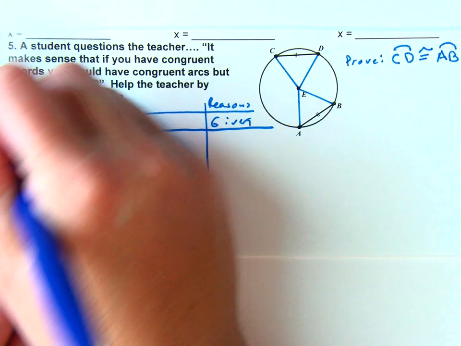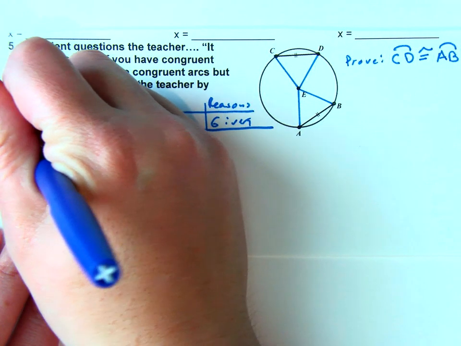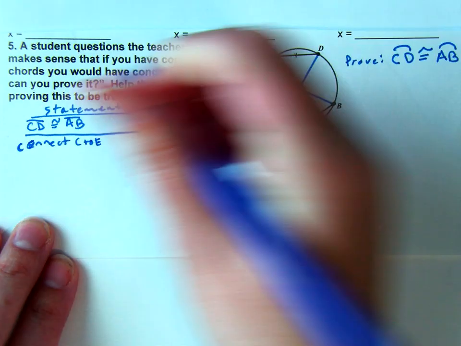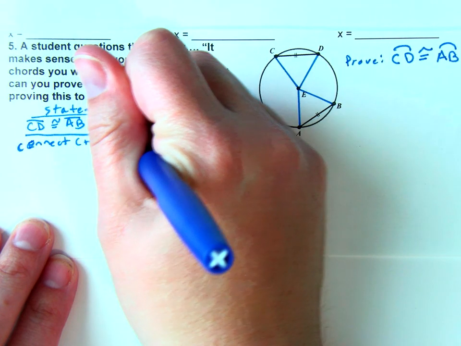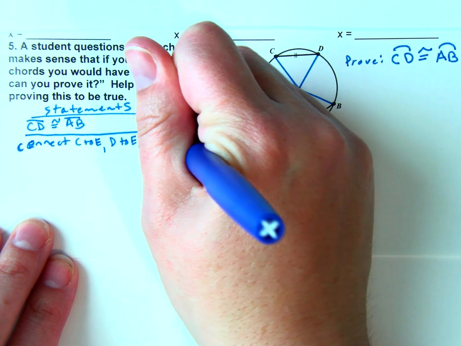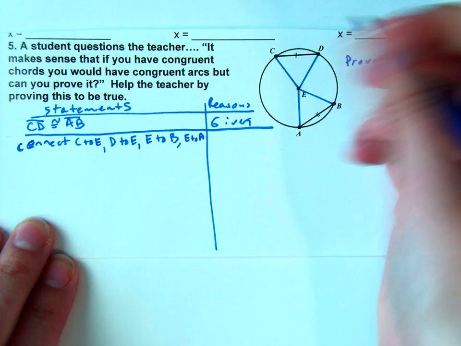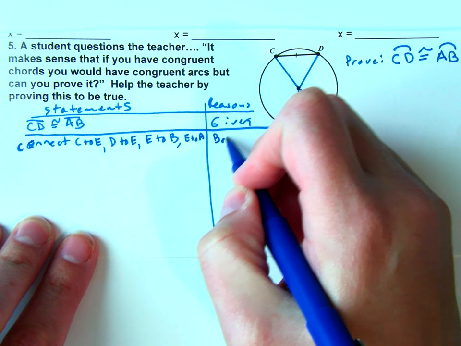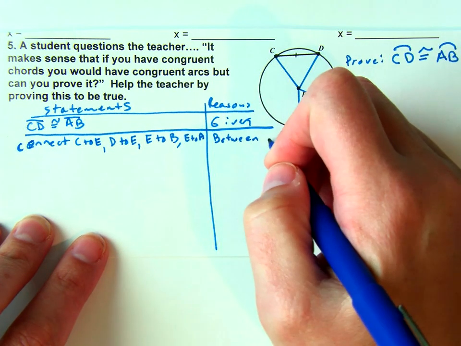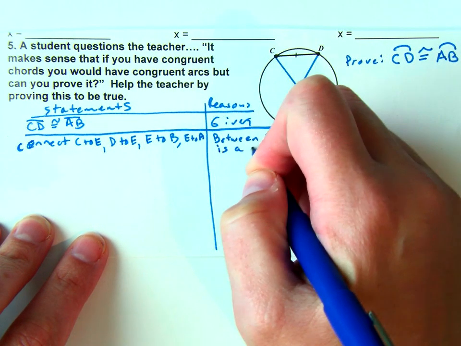So we connected C to E, D to E, E to B, and E to A. We didn't have a name for this, so we're going to go ahead and write it out: between 2 points is a straight line.